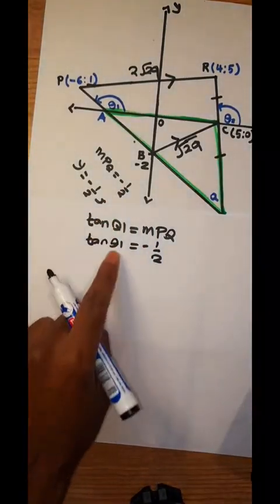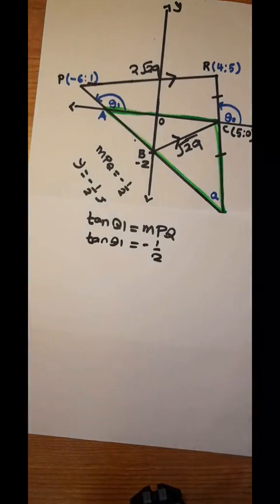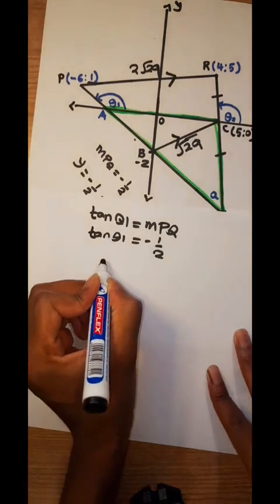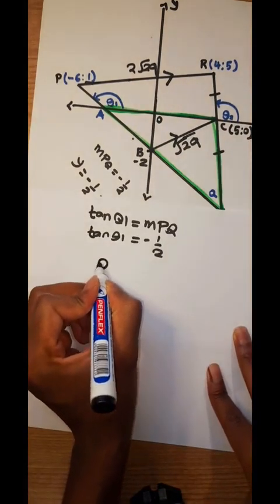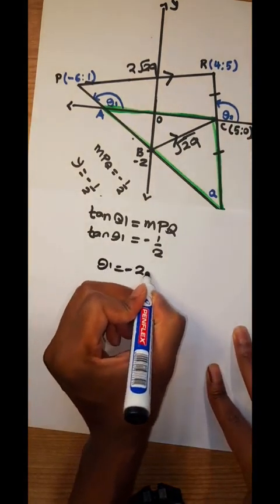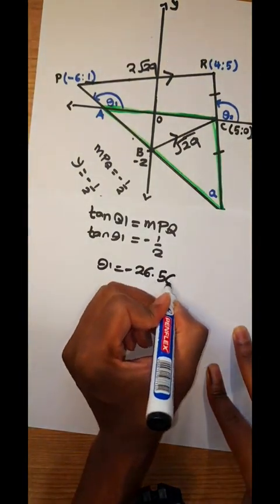So we're going to find theta 1. I'm going to say, well, the inverse tan of minus 0.5 is going to be, my calculator is on radians. Let me change this to degrees. The inverse tan of minus 0.5, I get negative 26. So I find that theta 1 is minus 26.56 degrees.